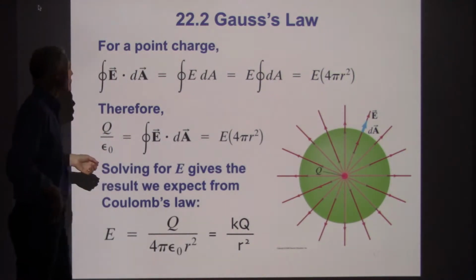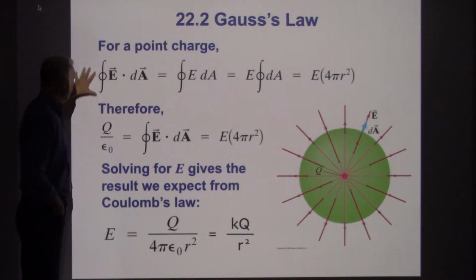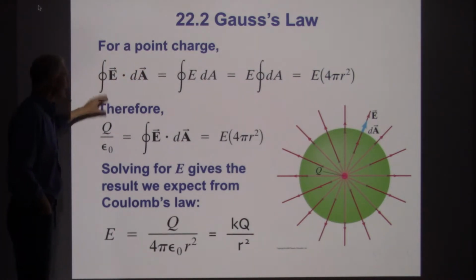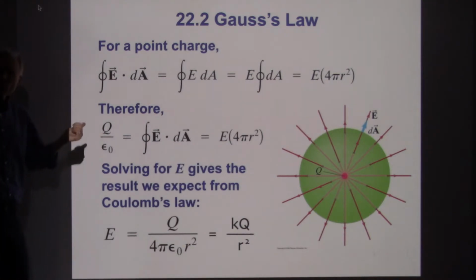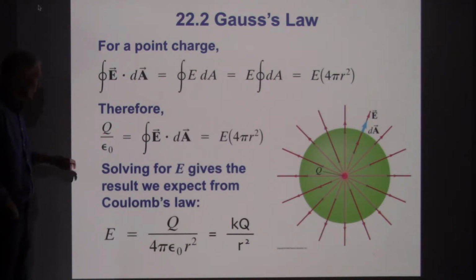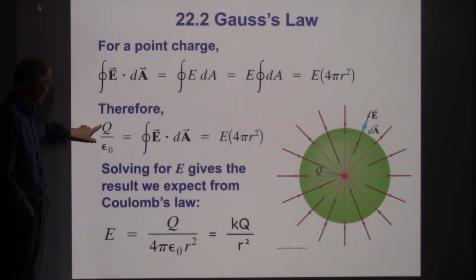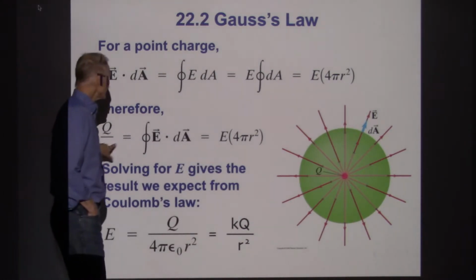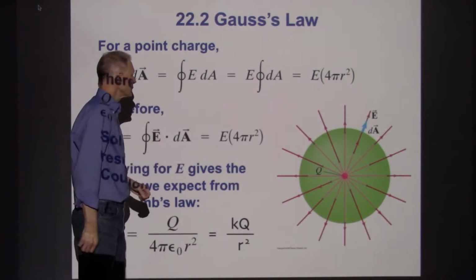And the way that figures in is Gauss's law says that this flux calculation can be set equal to Q divided by epsilon naught. Now epsilon naught was one of our force constants. We're going to get this switched around here in just a minute. So Q over epsilon naught is equal then to E times 4 pi r squared.